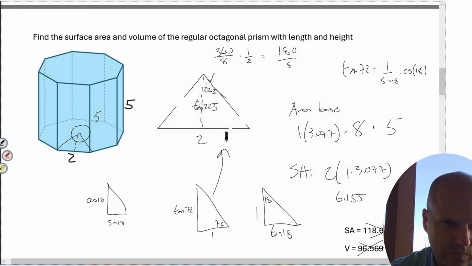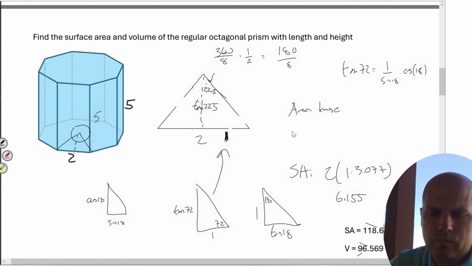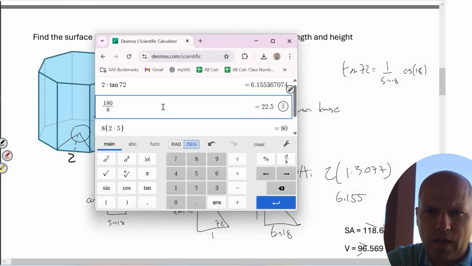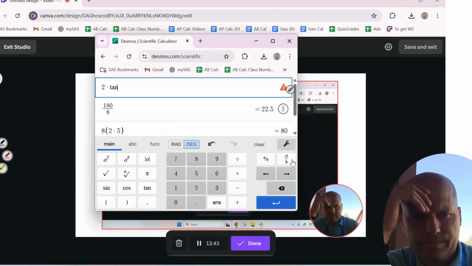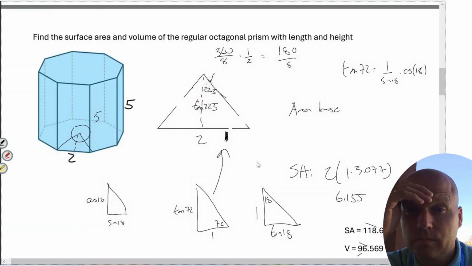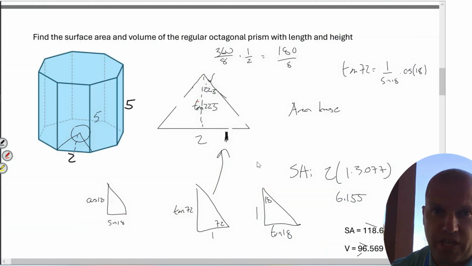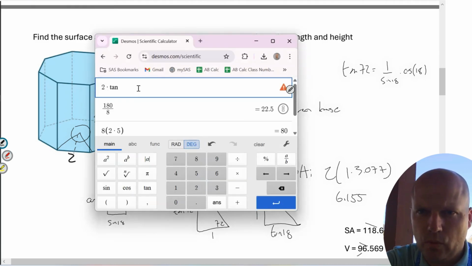So this is the tangent of 72. This is the tangent of 67.5. If that's 1. Whoops.